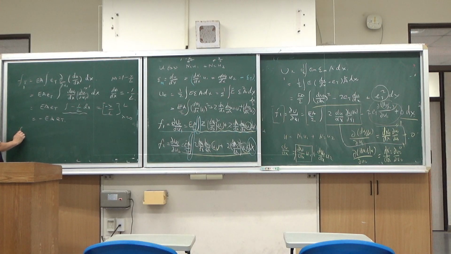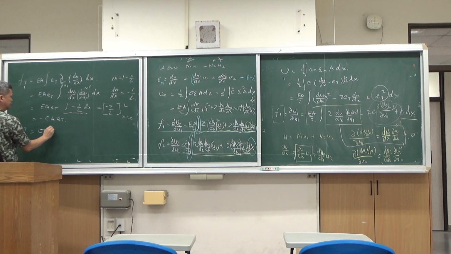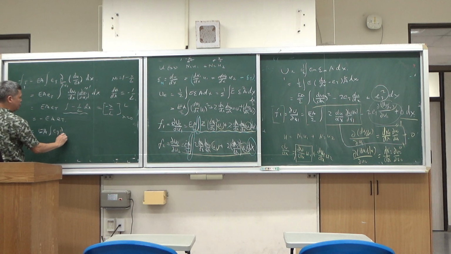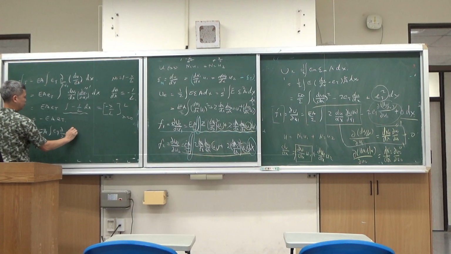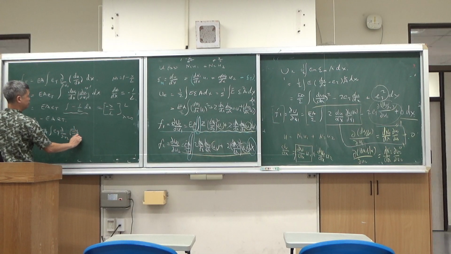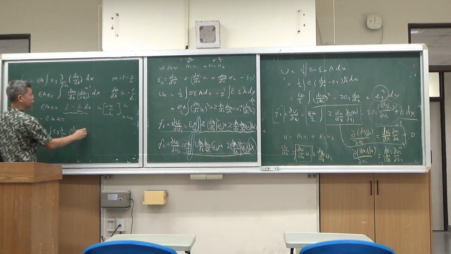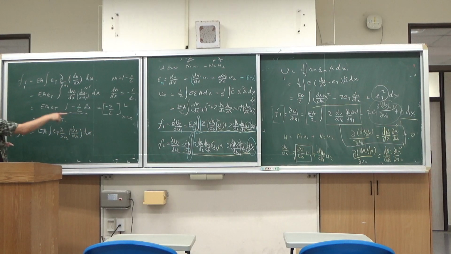How about the second thermal force? The second thermal force is on the right hand side. You have EA times the thermal strain times the gradient with respect to U2. Okay? What do you have?